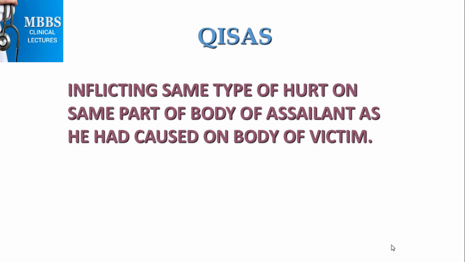Coming to the term qisas, so these are the types of punishments which are actually the title of today's lecture. Most of the terms in qisas and diyat are taken from the Arabic language, so we need to understand them more precisely, starting with qisas. The term qisas means inflicting the same type of hurt on the same part of the body of the assailant as he has caused on the body of the victim.